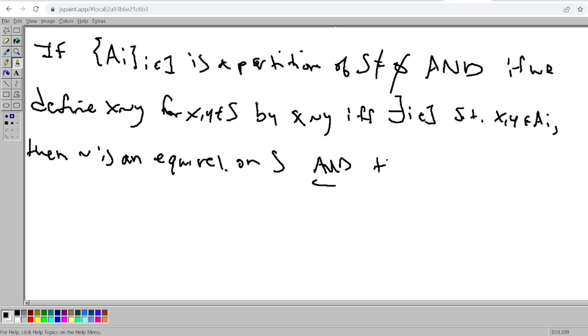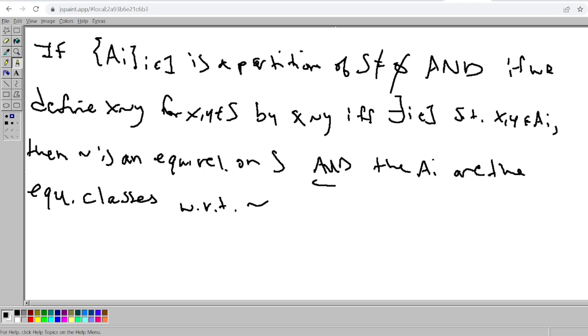And the A_i are the equivalence classes with respect to tilde. Huh. Okay. So basically we can do an example real quick because that's a long wordy one that I kind of had to think through.